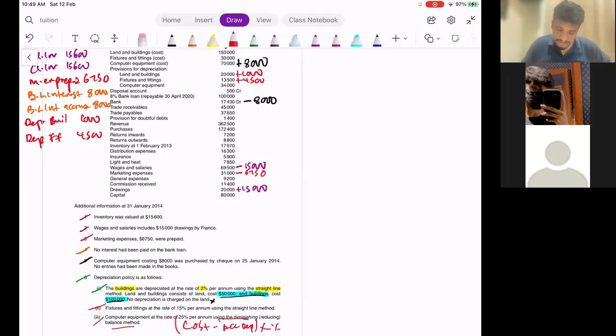So how much is your cost? 150,000. How did you get 150,000? We are talking about computer equipment. How much is your computer equipment? 70,000 plus with the 8,000, 78,000. Yeah, 78,000 minus 34,000.